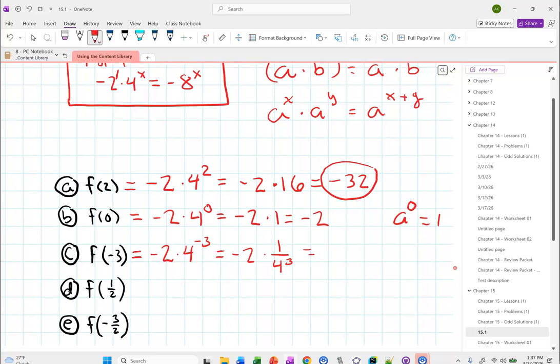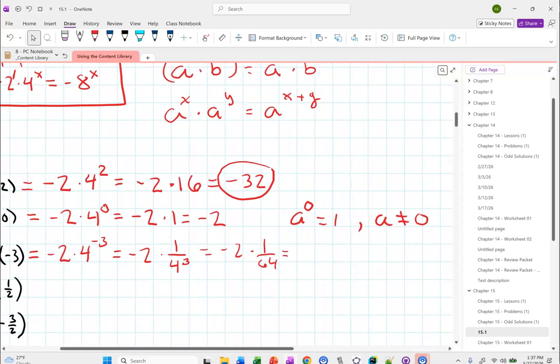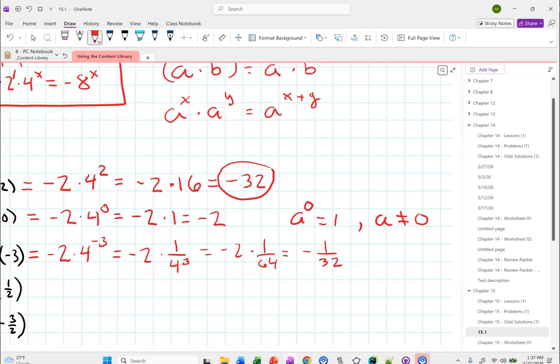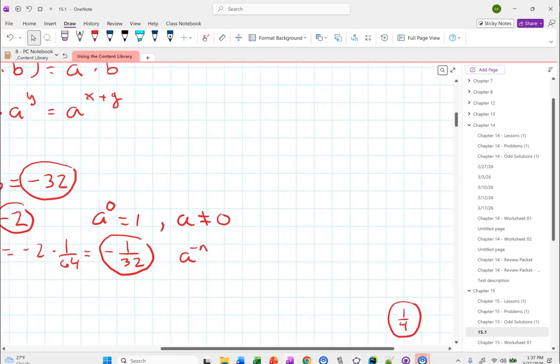And 4 to the third is 64, so we have 1 over 64. So that's -1 over 32. Again, the rule for exponents we're using is this guy.